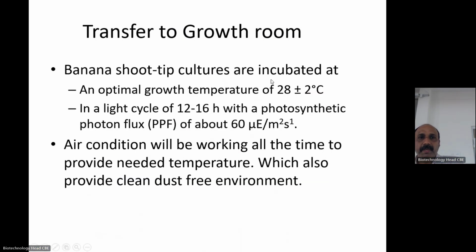rhizomes. Transferring to the growth room, they are incubated at an optimal temperature of 28 degrees centigrade with 12 to 16 hours of light, and the temperature needs to be maintained using air conditioners.